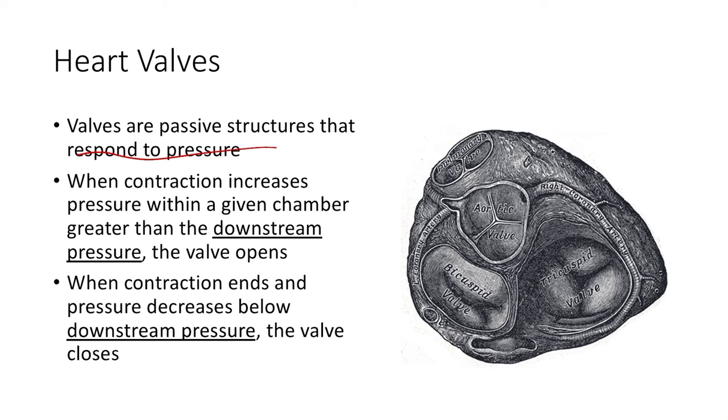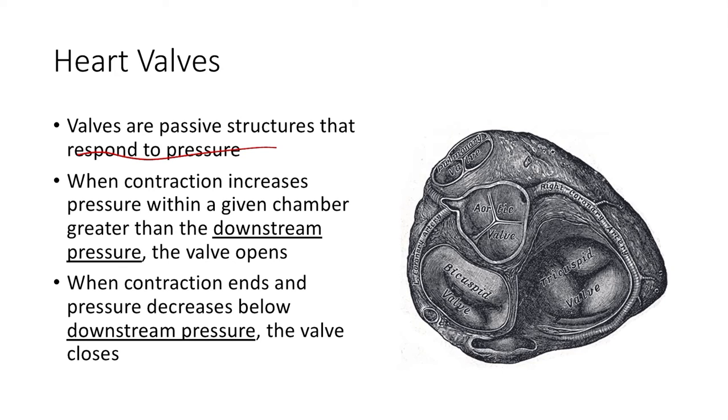When we contract the myocardium within a chamber, if we increase the pressure greater than the downstream pressure, the valve will open. When contraction ends and pressure decreases below the downstream pressure, it'll cause the valve to close.